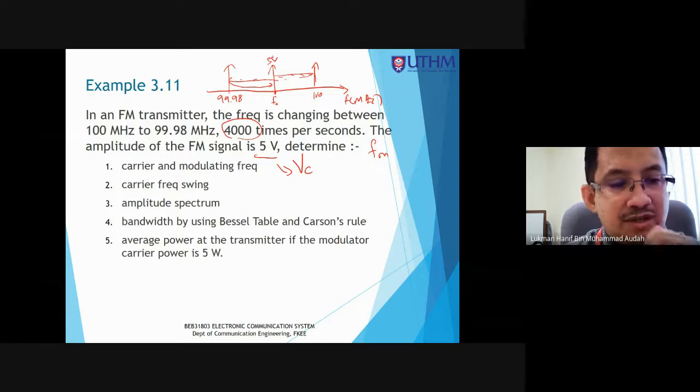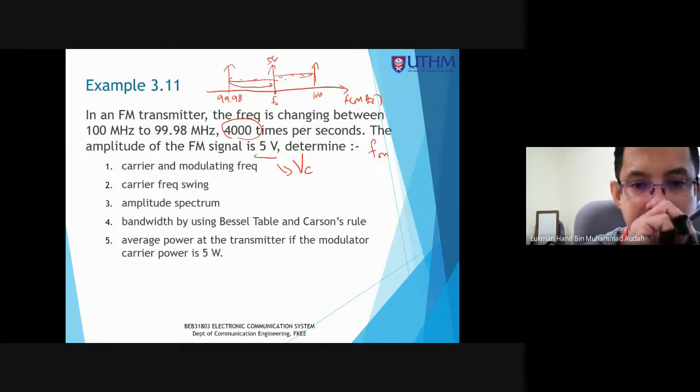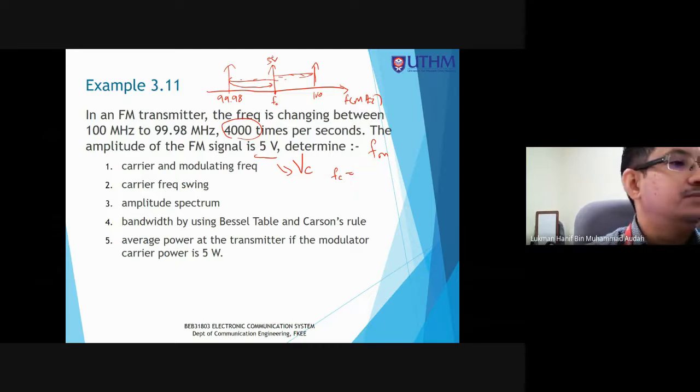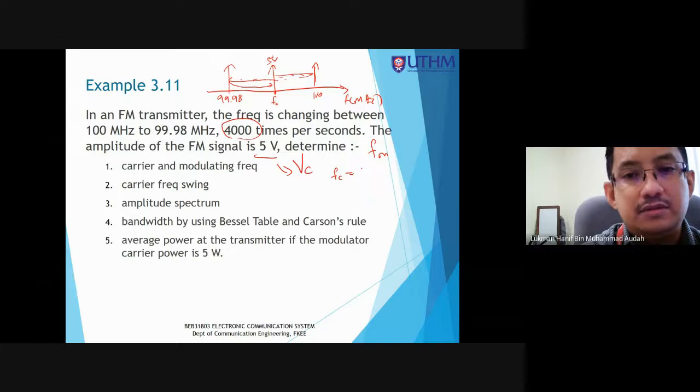So how much are the carrier and modulating frequency? Carrier frequency is equal to, you can add 100 plus 99.98 divided by 2, so you get 99.99 megahertz.